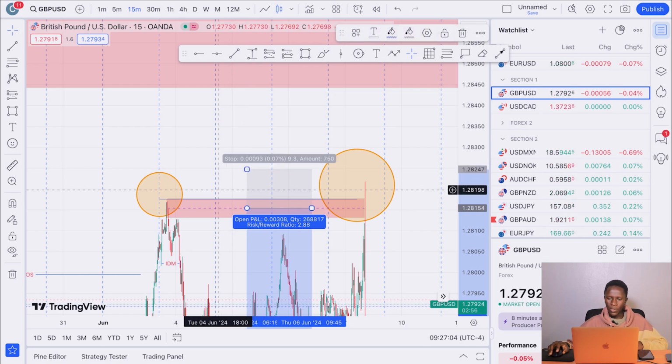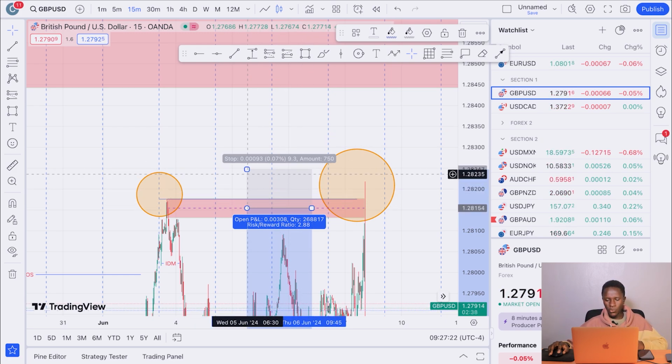Why? The market expects many SMC traders and other traders to have their stop losses above. What they do is always sweep both sides. So they first sweep, you can call it a stop loss hunt or a liquidity sweep.